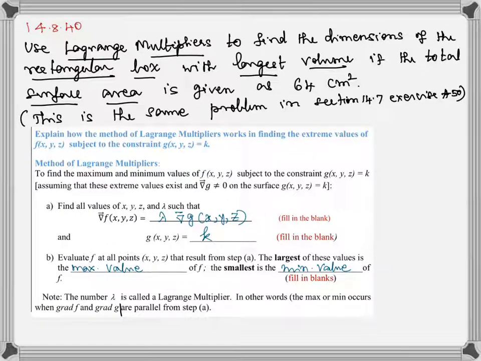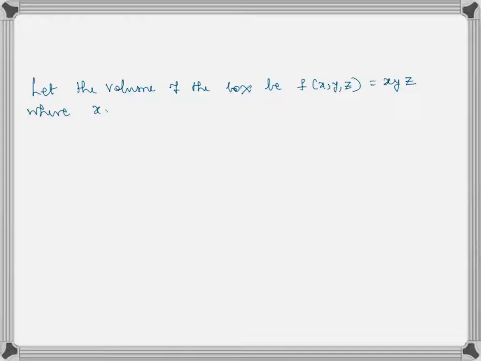So let's start with the rectangular box with the dimensions x, y, z. The volume of the box is f(x,y,z), that is our objective function, which is xyz, x times y times z, which is length times width times the height, where x, y, z are the dimensions of the box.